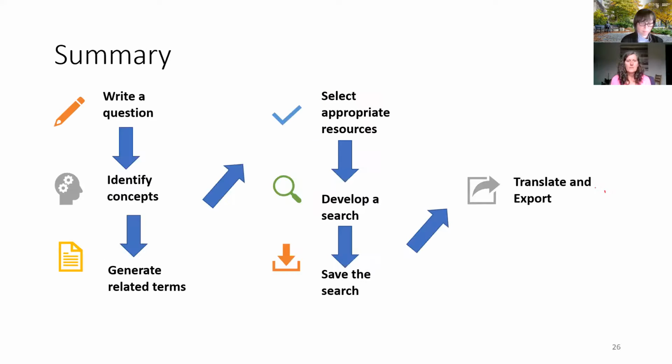So in summary, you want to write your question. You want to have it be very formulaic, following one of the frameworks. You identify your concepts, you generate the related terms. This is very much like any sort of formal literature review, or doing any review research for a research paper.